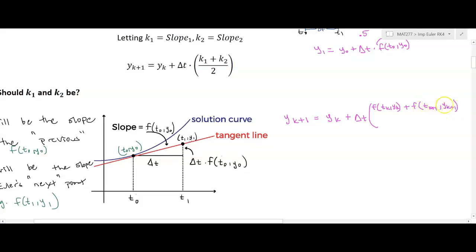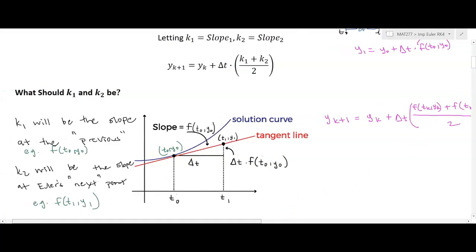So all this means is that we just need to evaluate the differential equation at the next point. So if we were at t0 and t1, this would be f of t0, y0, and this would be f of t1, y1. But we're trying to make this as general as possible. And then we average those two slopes together.